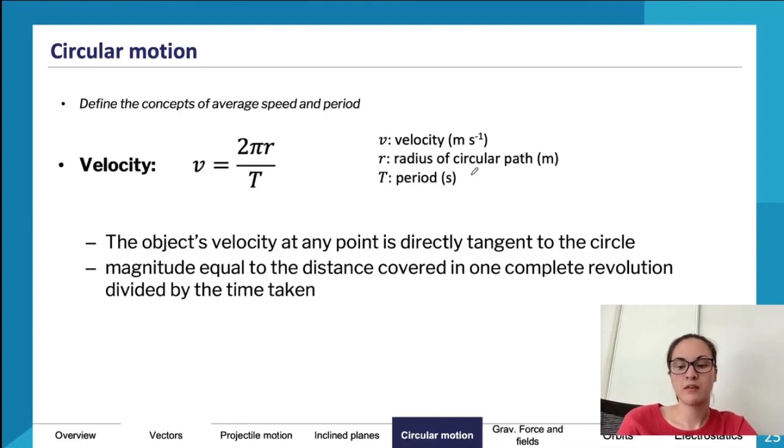But yeah, you might do not the research investigation, but an experimental investigation, and you might use circular motion. You might measure the amount of time that it takes to do certain revolutions at different distances, and then graph that and compare.